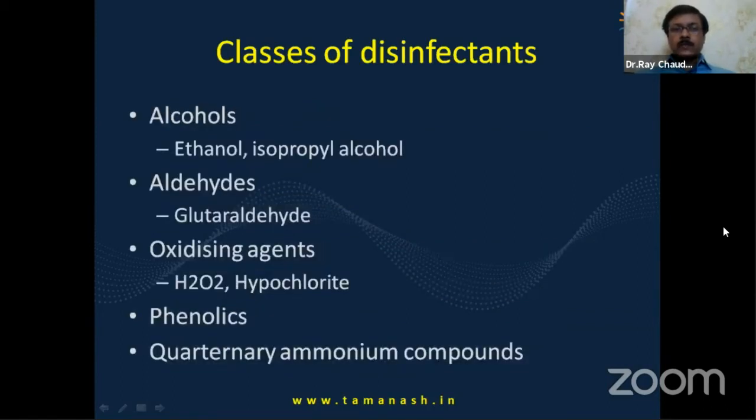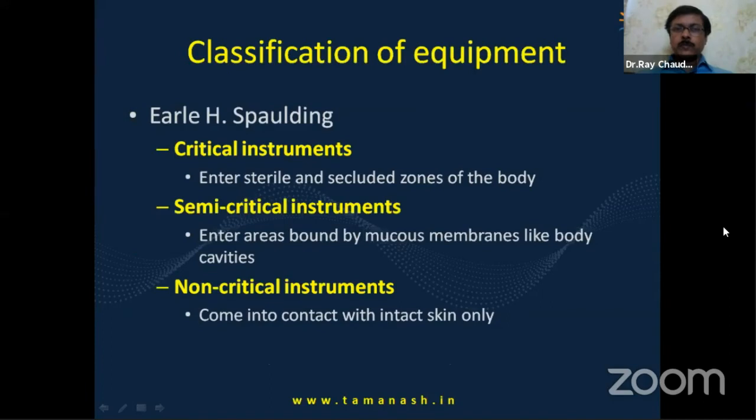And of the classes of disinfectants, alcohol is the lowest class and is active against bacteria mostly and some viruses and fungi, whereas higher ones like oxidizing agents like hypochlorite, H2O2 and quaternary ammonium compounds are effective against most classes of viruses and fungi as well as bacteria. Of these, for fumigation and cleaning purposes, quaternary ammonium compound is the one that is most preferred.